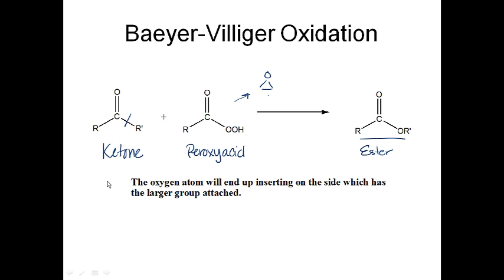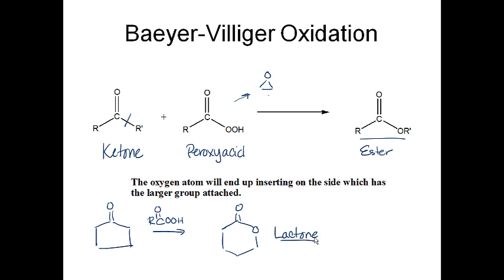So if I really wanted to, let's say I had cyclopentanone and I did Baeyer Villiger oxidation on a cyclopentanone, what I would actually end up doing is forming the six-membered cyclic ester. And cyclic esters are called lactones. How would I even begin to think about forming a cyclic ester if I didn't have the Baeyer Villiger?